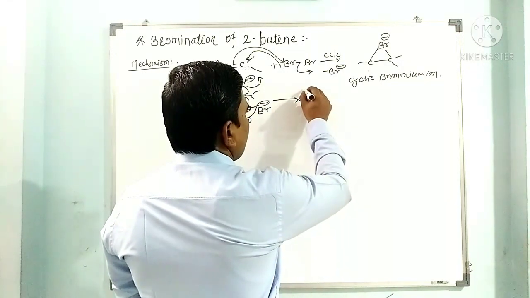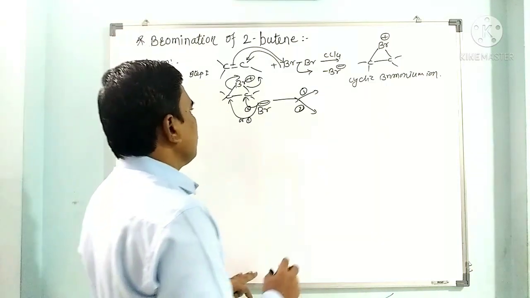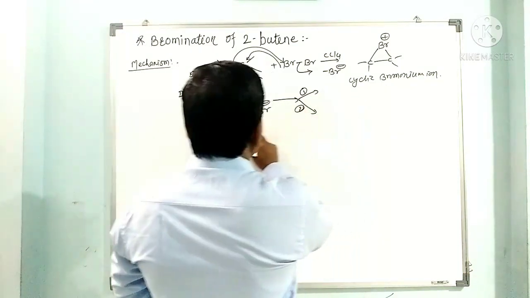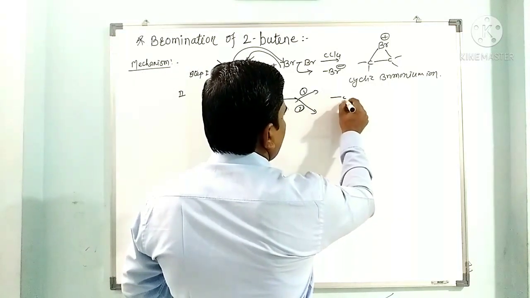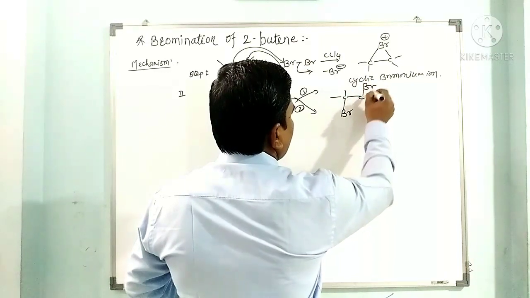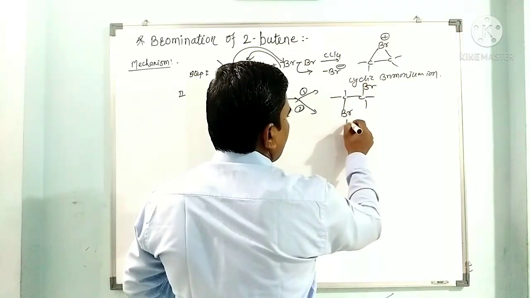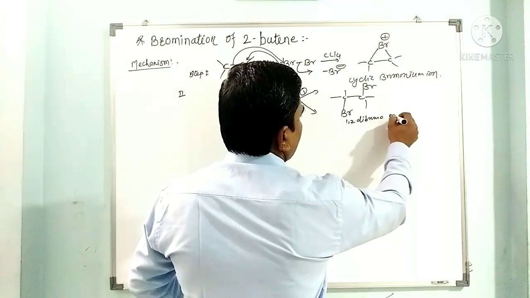So we may have this one possibility and this second possibility. In the one possibility, this bromine attaches here, so this is bromine and this is bromine. So this is the 1,2-dibromo product.